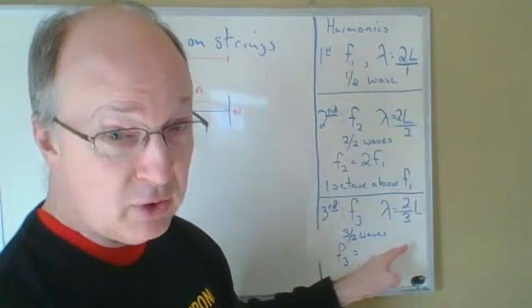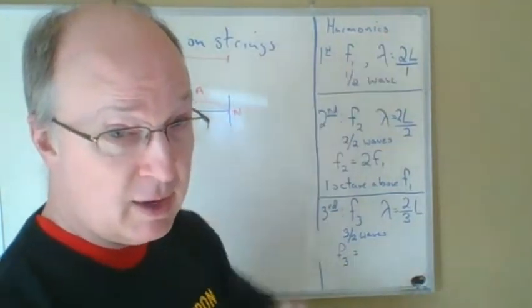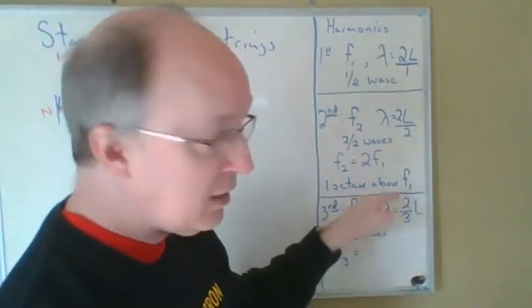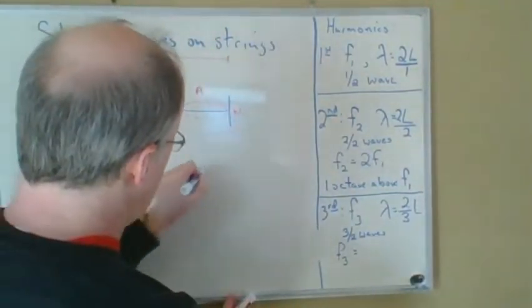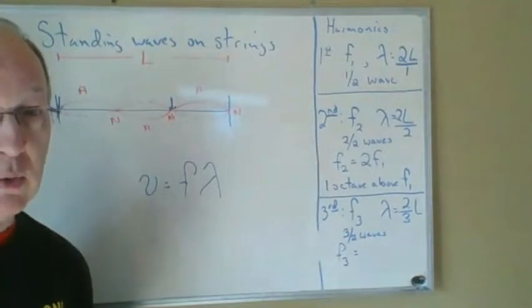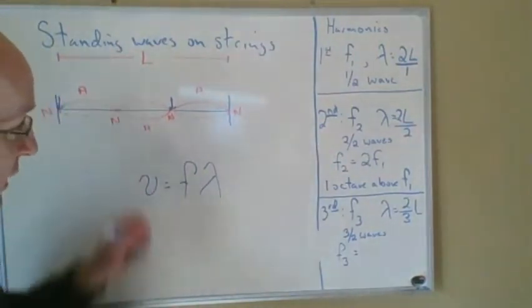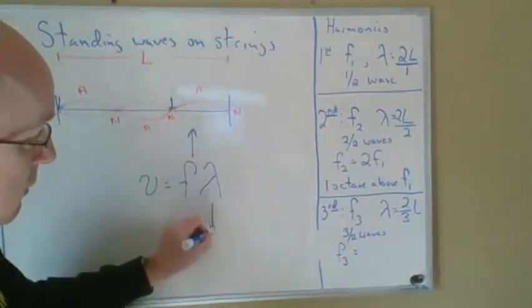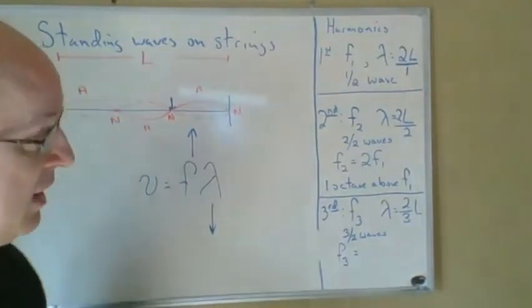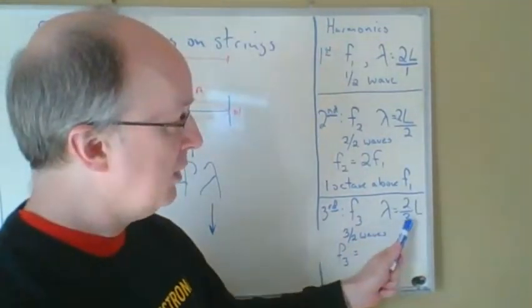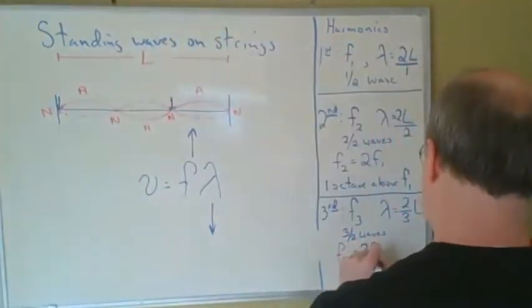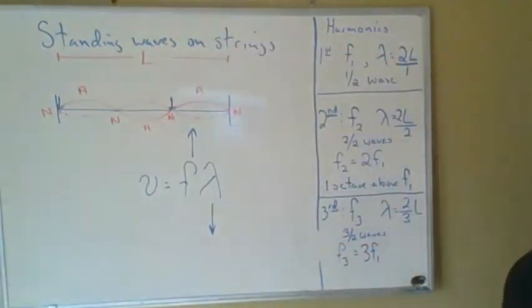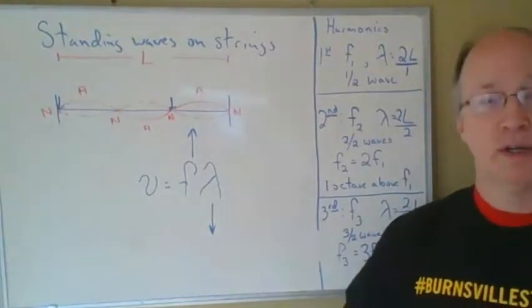That's 1/3 the wavelength of the first harmonic. If it's 1/3 the wavelength, and according to the wave equation, frequency and wavelength are inversely proportional, then it must be, you got it, 3 times the frequency.